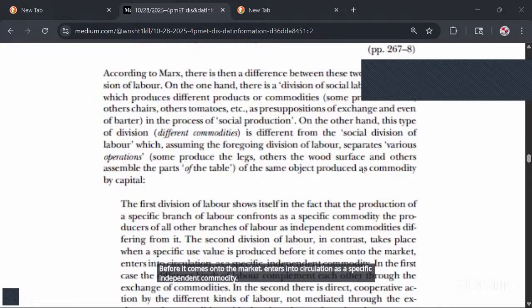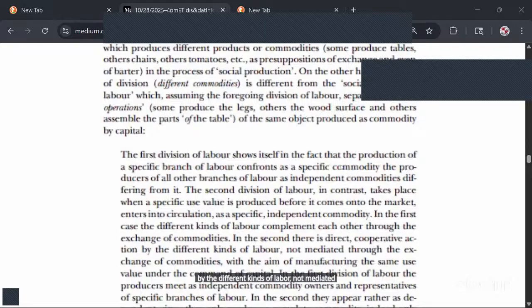In the first case, the different kinds of labor complement each other through the exchange of commodities. In the second, there is direct cooperative action by the different kinds of labor, not mediated through the exchange of commodities, with the aim of manufacturing the same use value under the command of capital.